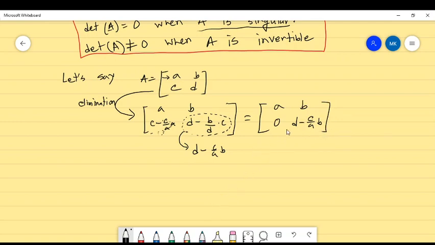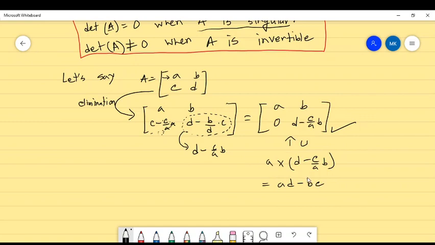Okay, so what would be the determinant of this matrix? We know that if you have an upper triangular matrix, which in this case is true, this is an upper triangular matrix U, you multiply the diagonals. The diagonals are a and d minus c by a into b. So the result is ad minus bc.